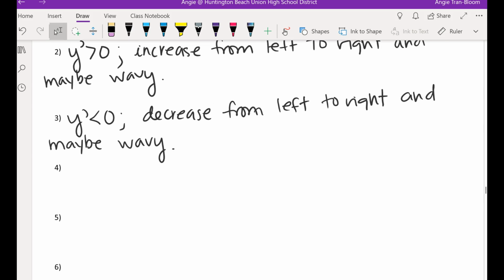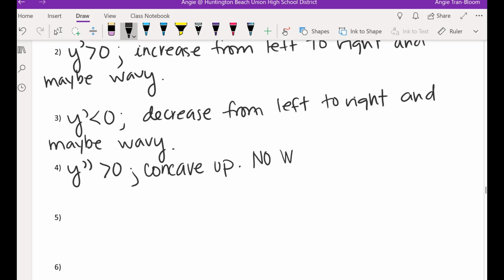Now, double derivative. When it's bigger than 0, we're talking about what? Only min if it's a location, right? But most of the time, if we're talking about concavity, concave up when it's bigger than 0. Now, for this one, I'm spelling out no waves. So don't go surfing. Okay? f of x may rise or fall.